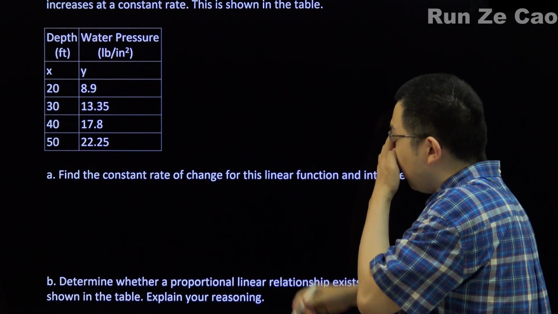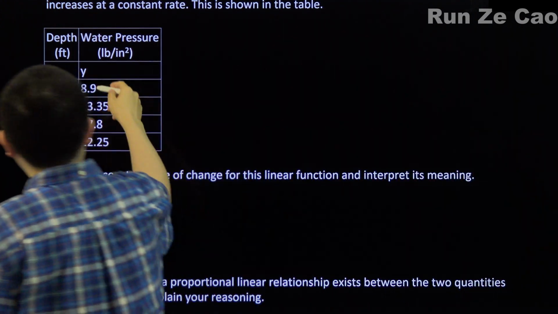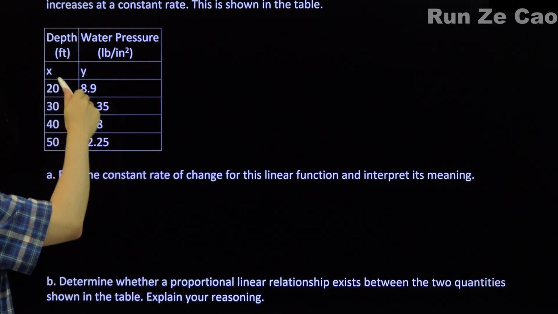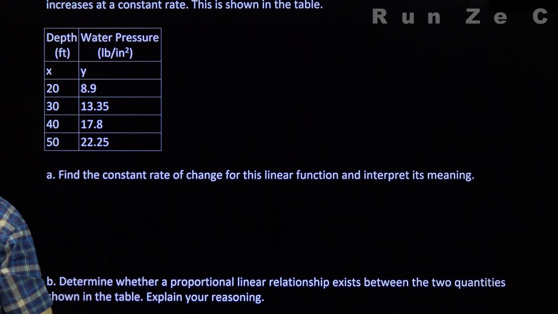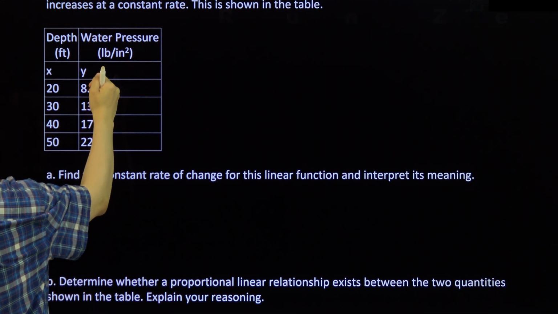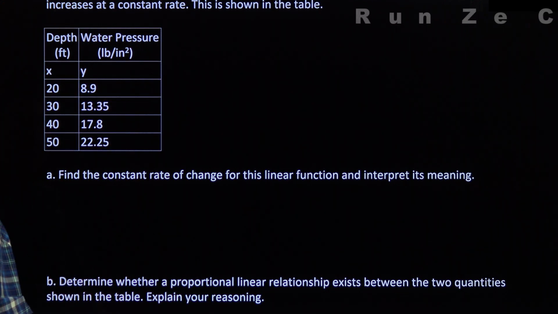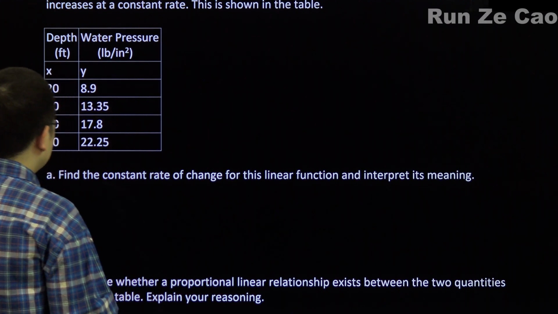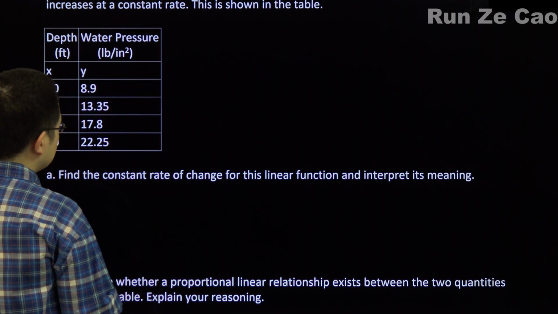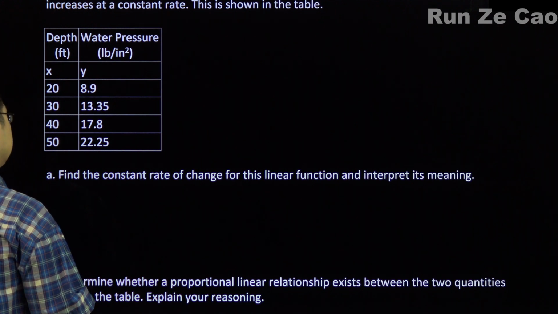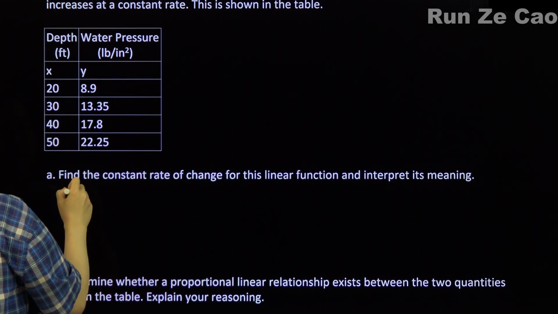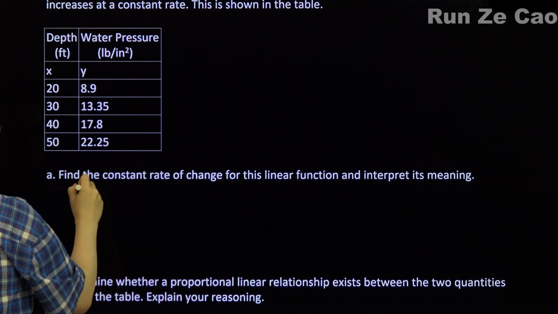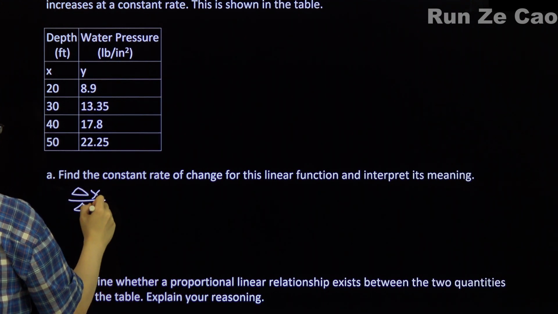Okay, so 8.9. Okay, let's see if it actually holds true. When x doubles from 20 to 40, y doubles from 8.9 to 17.8. Wonderful! Okay. So the constant rate of change is, let's use delta y over delta x.